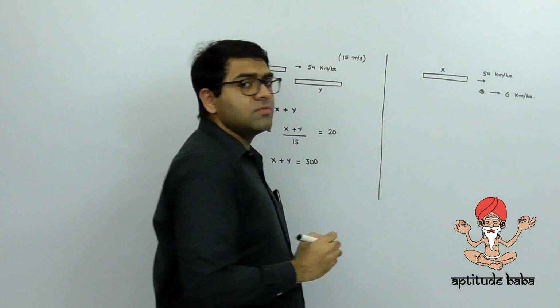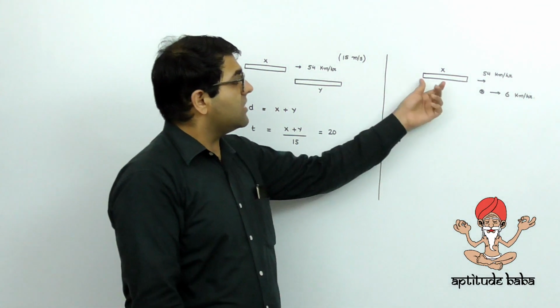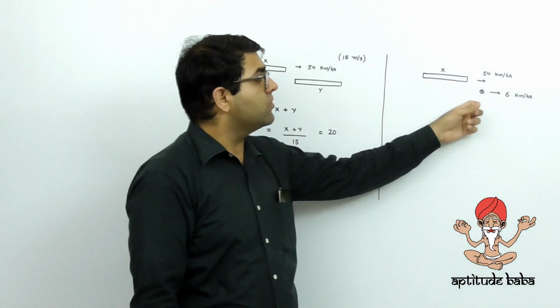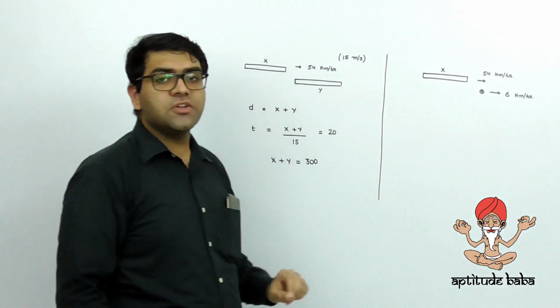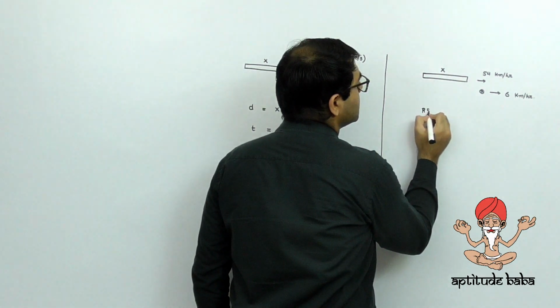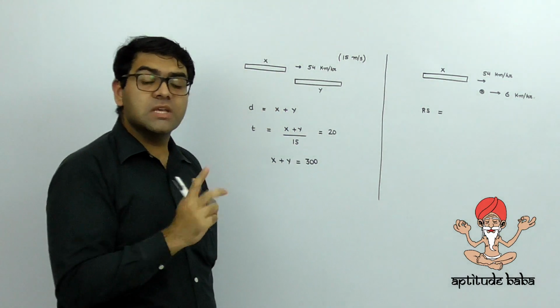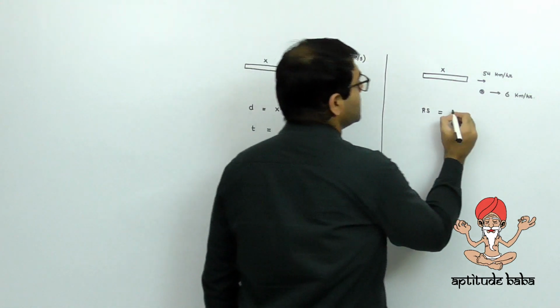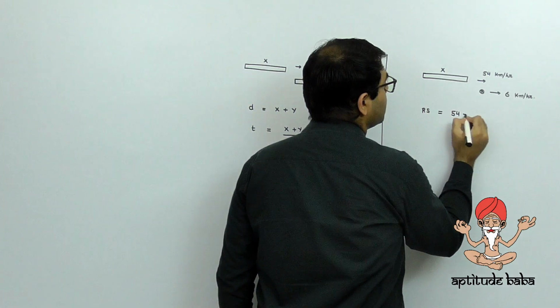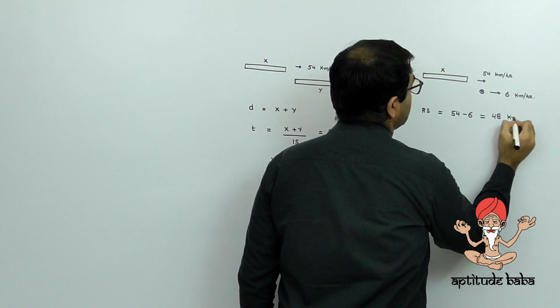Now what we have is case 2 of trains and tunnels: an elongated object crosses a moving point object. In such a scenario, we end up applying relative speed. So first of all, let us calculate the relative speed of two objects moving in the same direction. For two objects moving in the same direction, the relative speed is the difference of the two speeds. So that is 54 minus 6, which is 48 kilometers per hour.